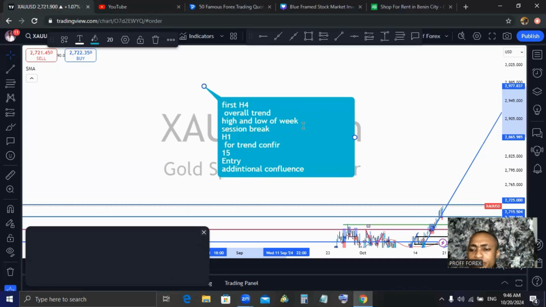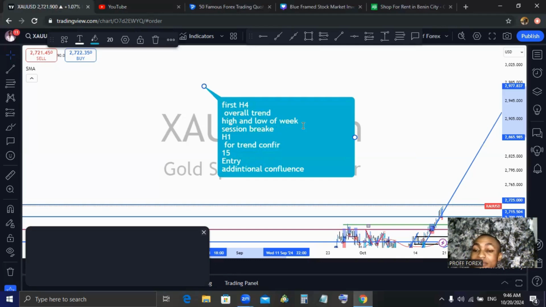What does the session break do? It helps me determine the first candle that is created for the week and the second candle.